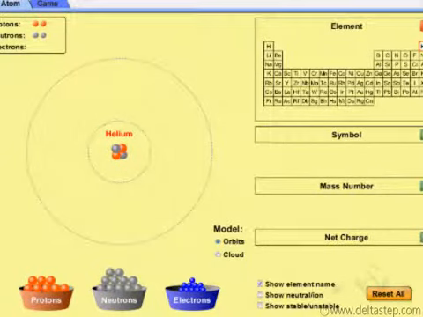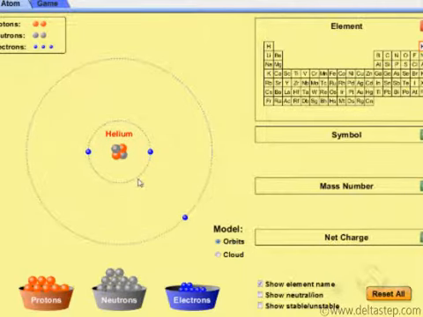So this is a helium nucleus. It has 2 protons and 2 neutrons. Now let's add electrons to this. As we add electrons, observe what happens. You see that this third electron that I added automatically moves to the second shell.